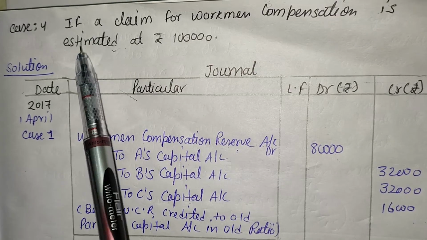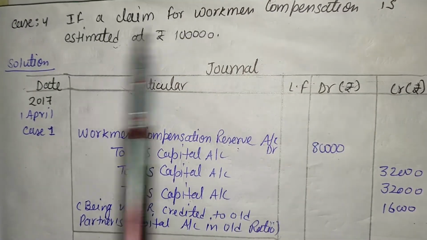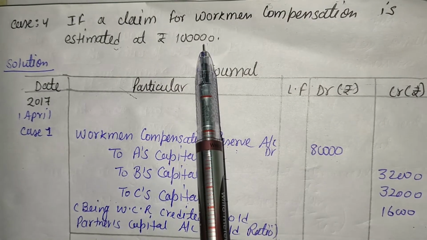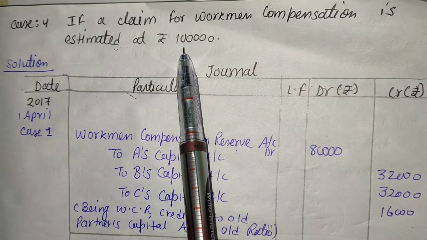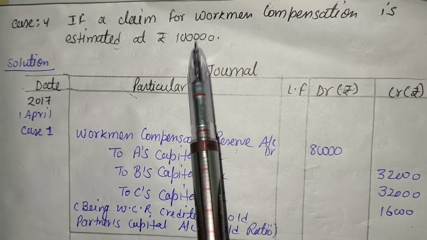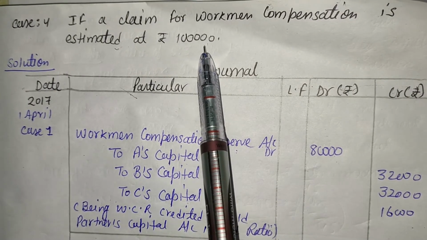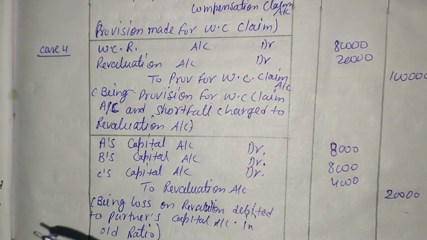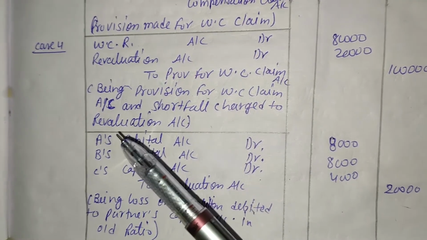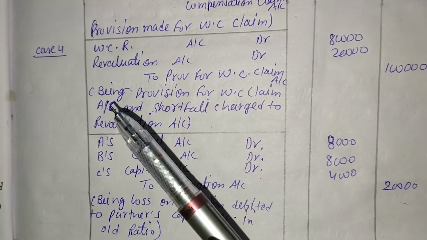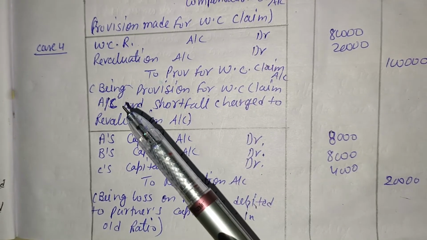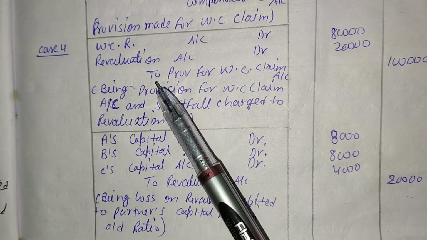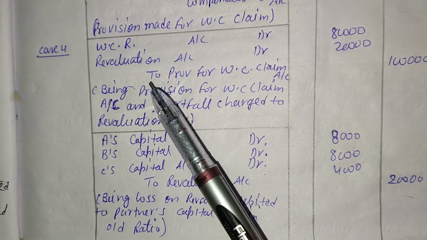Now case number 4: if a claim for workman compensation is estimated at rupees 1 lakh, in the balance sheet only 80,000 is given, but in the additional information 1 lakh is given. It means 20,000 more is given. So what will we do in that case? Here is an important question, and it is the only case that shows a greater value than given in the balance sheet. So in the balance sheet workman compensation reserve is given as 80,000.